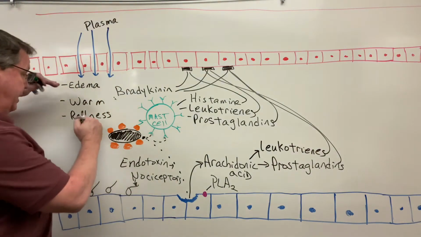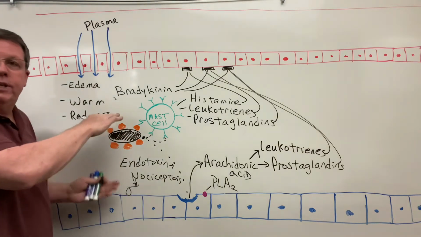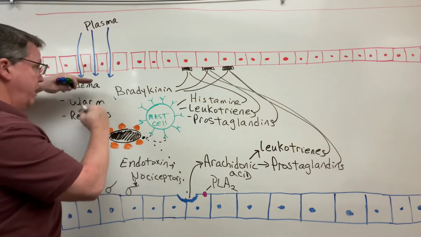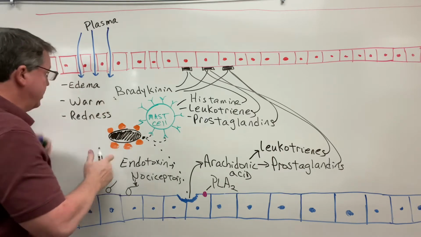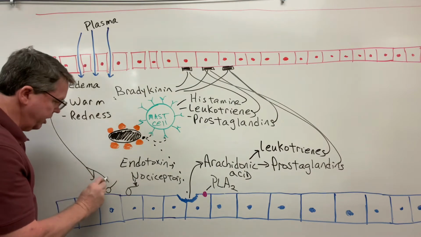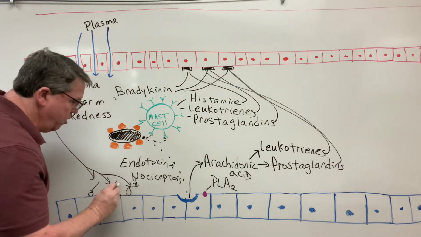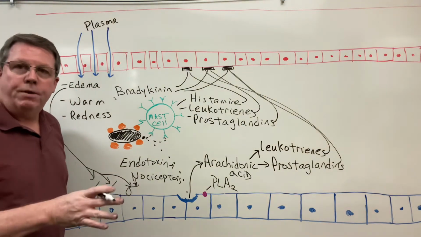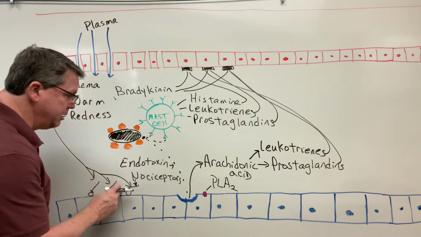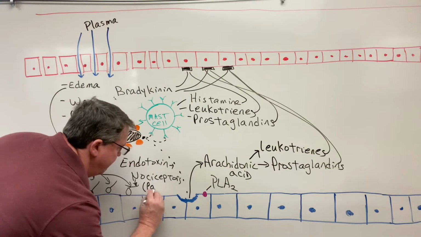Well, what happens is, as I start to get the increase or more fluid coming in, I start to get more fluid in this area. So what's going to happen now is this fluid is actually going to start pushing on these nociceptors. When they push on the nociceptors, it's going to cause pain. These are pain fibers, right?